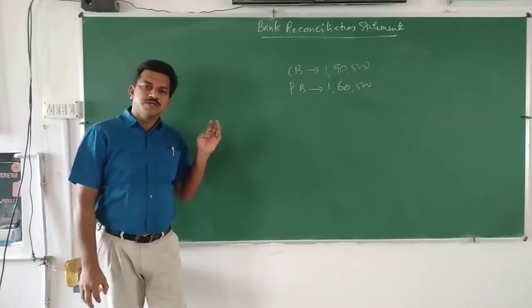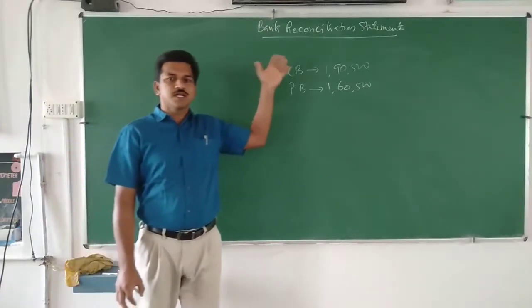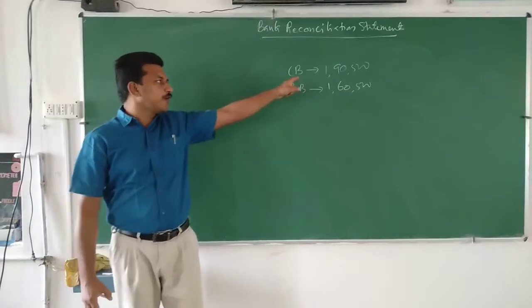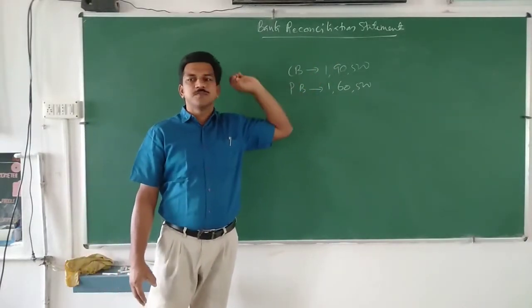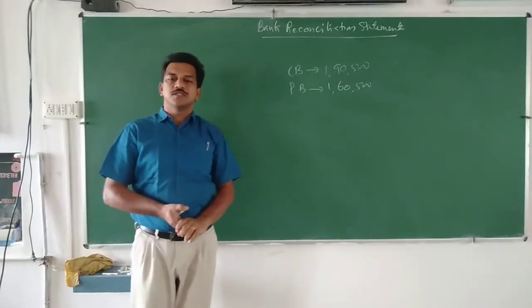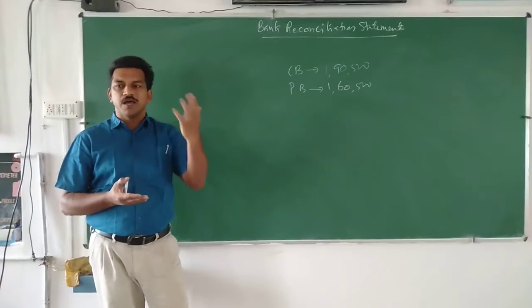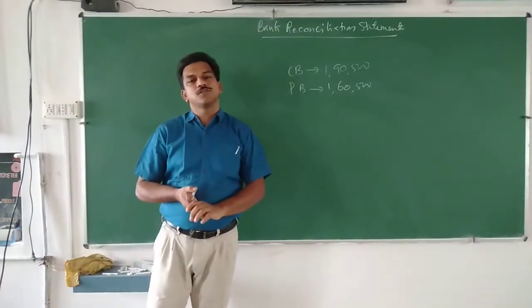Okay, will it be possible? Suppose you have checked this on February 25. On February 25, the bank column of your cash book shows 1,90,500. But in the passbook given by your bank, the total balance is 1,60,000.